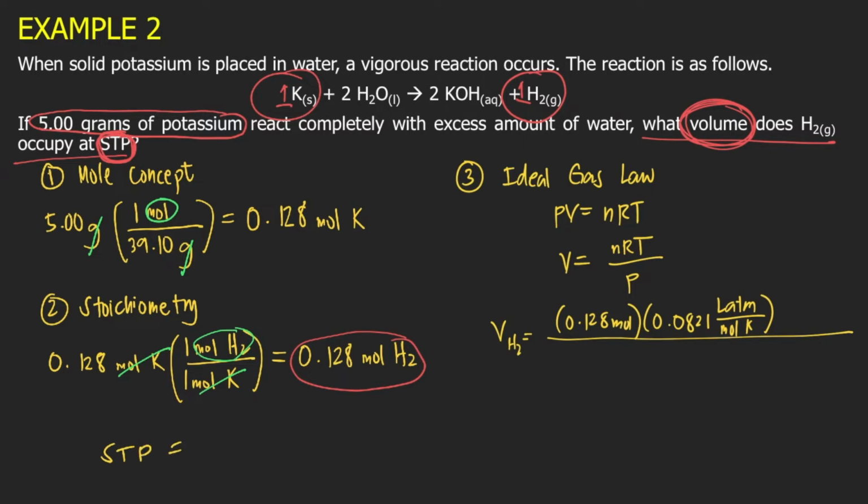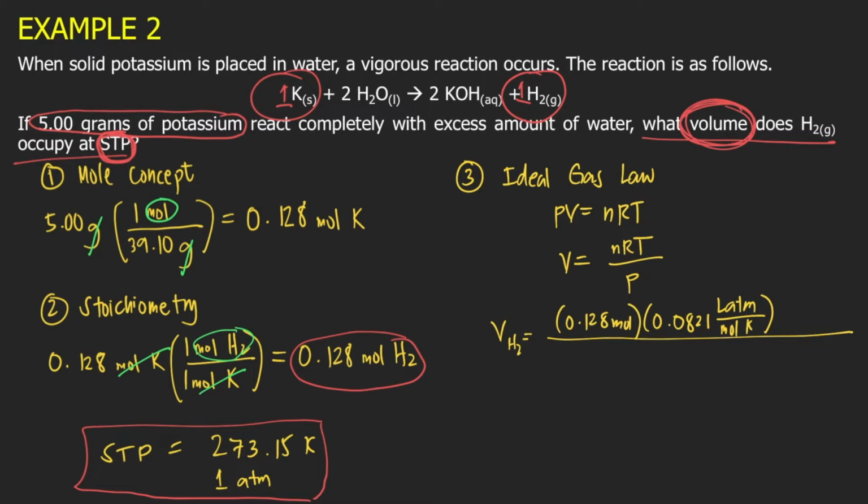The standard temperature is 273.15 Kelvin, and the standard pressure is 1 atm. So this is what you mean by STP. If you want to learn more about STP, you can check my separate video using the link in the description box.